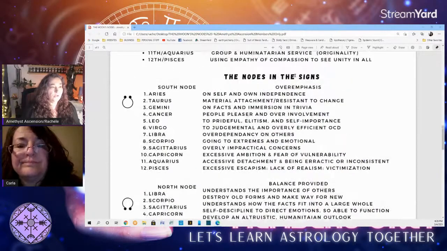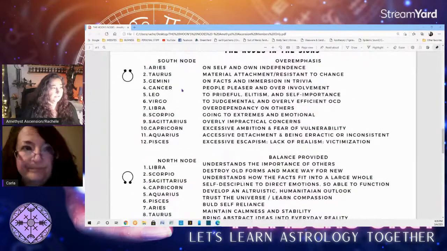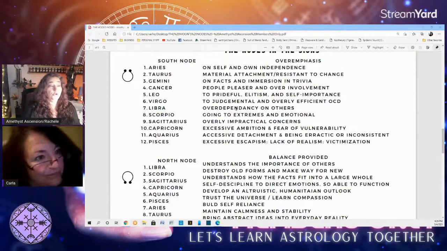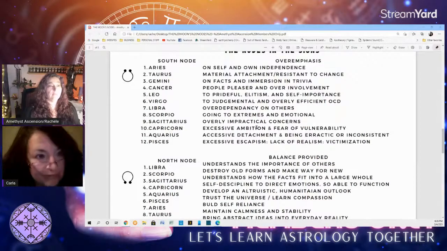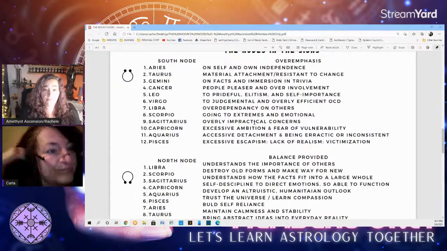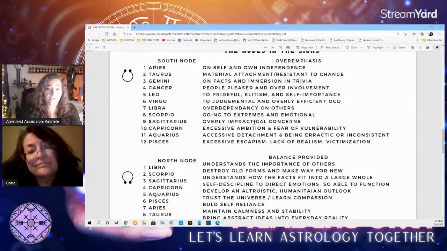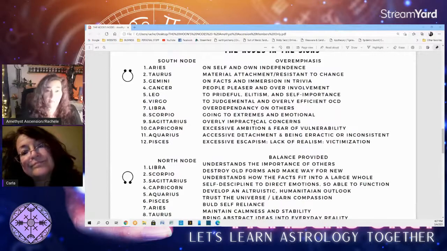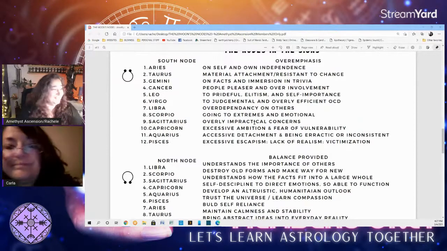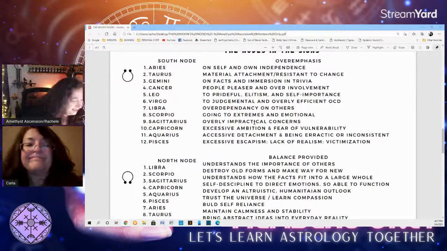So my south node, if we're looking at the actual signs here, would be Leo. Too prideful, elitism, and self-important. And I can see that sometimes. I try not to, but I could see if I just could become an ass.